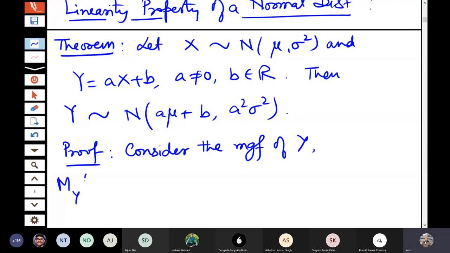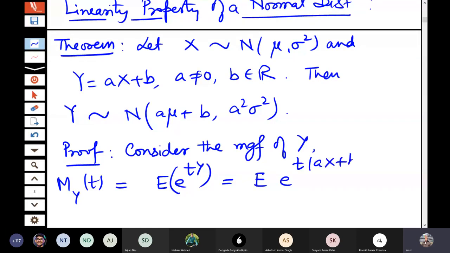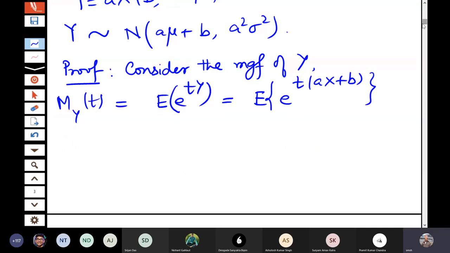So M_Y(t), that is the expectation of e to the power tY, that is the expectation of e to the power t times aX plus b. So this is equal to e to the power bt times the expectation of e to the power atX.